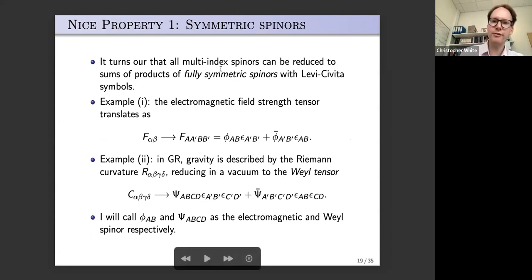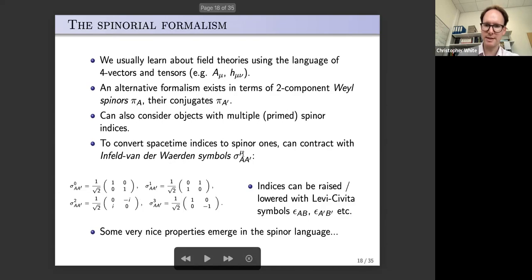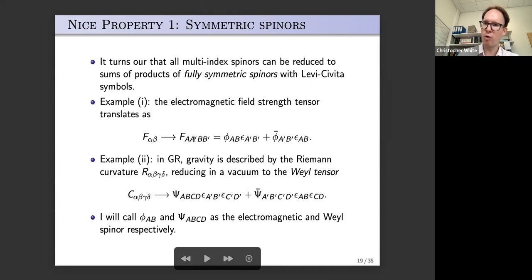It turns out that first of all, multi-index spinors can be reduced to sums of products of fully symmetric spinors with Levi-Civita symbols. So let's say I take the electromagnetic field strength tensor in space-time. Each of those indices, if I contract with these symbols, will become a pair of spinor indices. So I get something with 4 spinor indices. And my claim then is that that decomposes into a lower thing, which is symmetric in these indices, times this thing which is anti-symmetric.